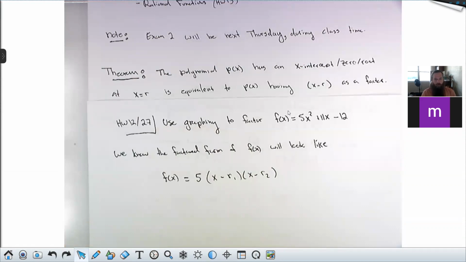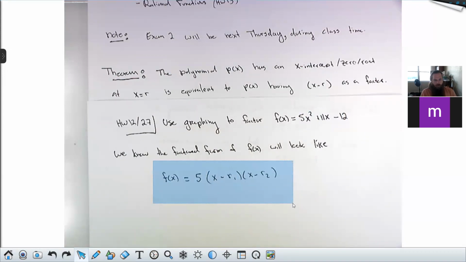All right, when you factor a quadratic like this, you get stuff that looks like this, where R1 and R2 are the roots. Oh, I'm so sorry, Kendra. You said 26, and for some reason I saw 27. I'll go back to 26.